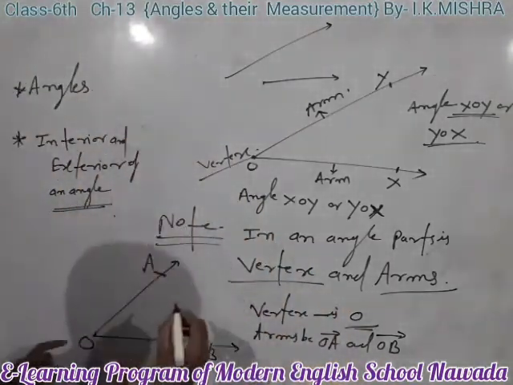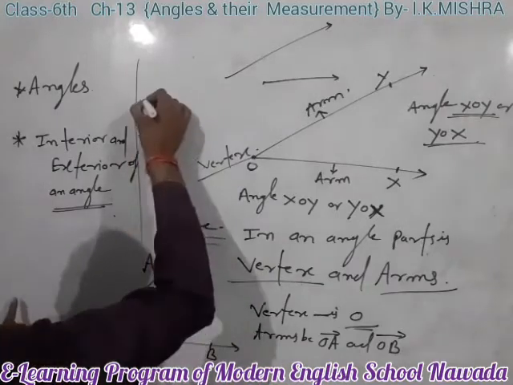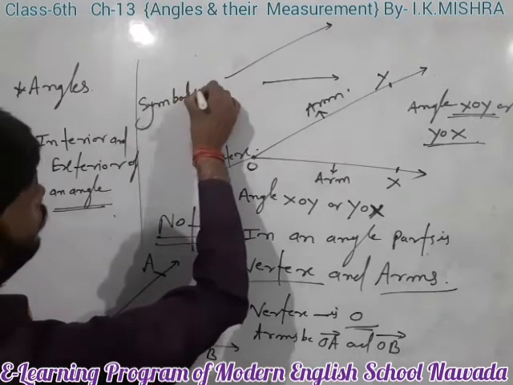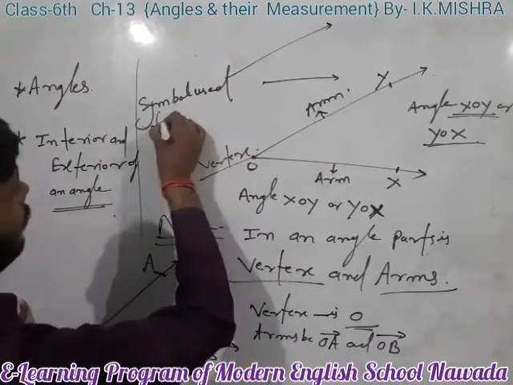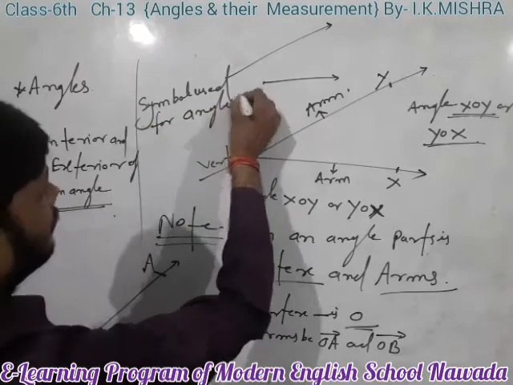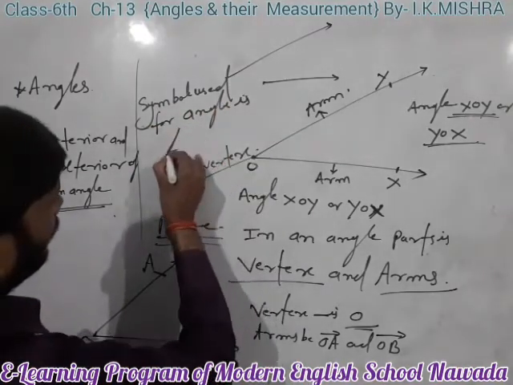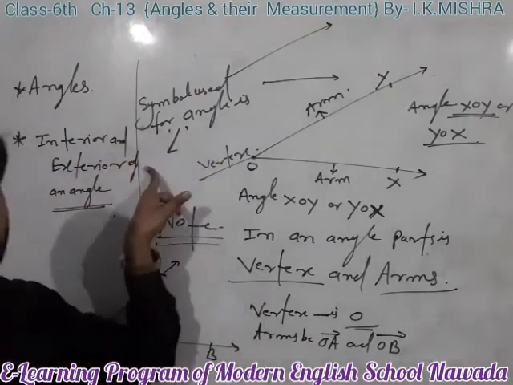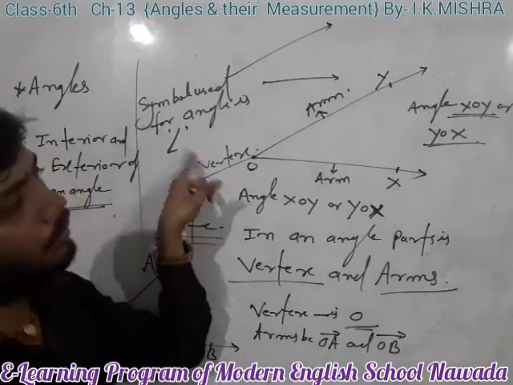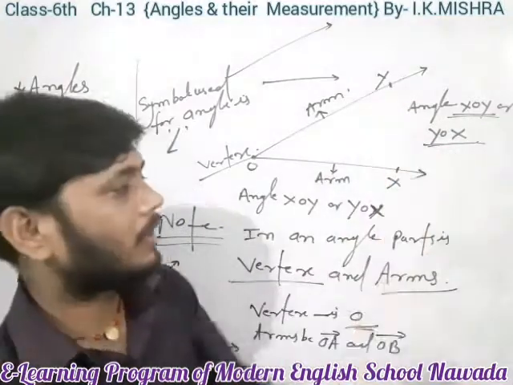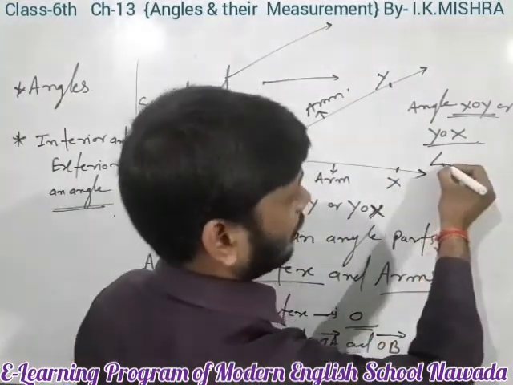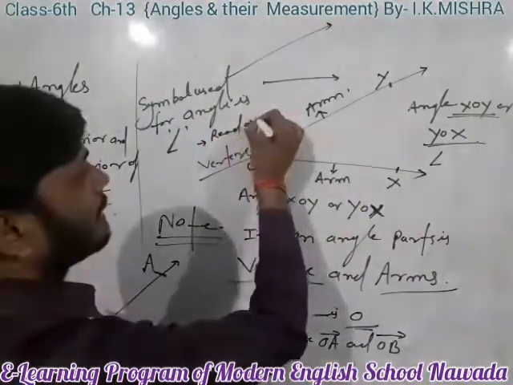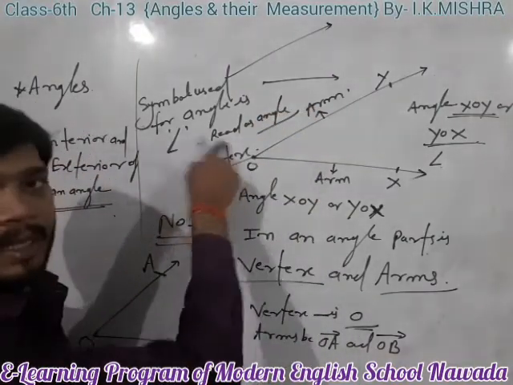The symbol used for angle is like a capital L, and it is read as angle.